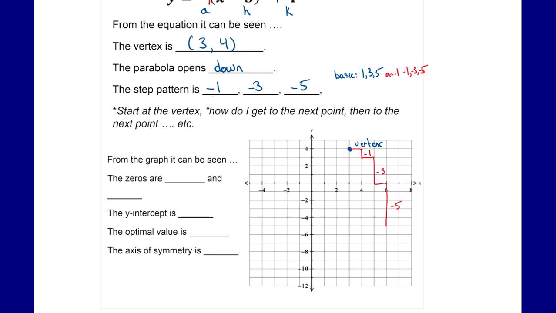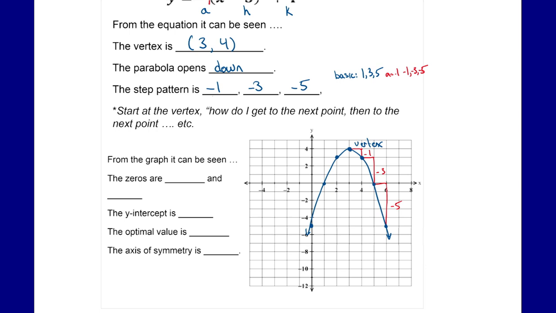If you don't want to show this step pattern on both sides, you could plot your points on the one side and then just mirror those points on the other. I now have points that I can connect, and just quickly sketch my parabola.